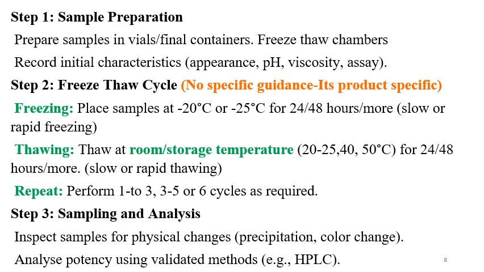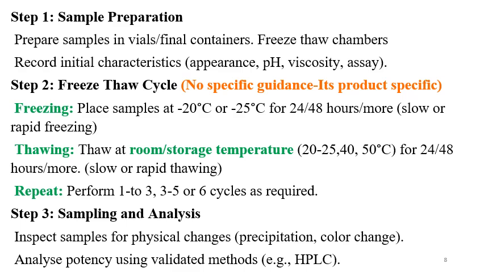Prepare samples in vials or final containers. Apply the cycles as per the product requirement in freeze thaw chambers. Record the initial characteristics like assay, viscosity, pH, appearance, and other product-specific characteristics.